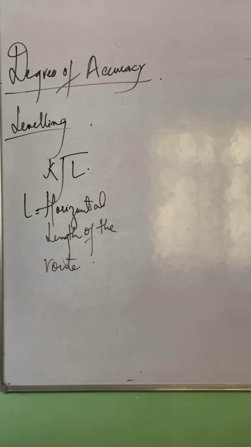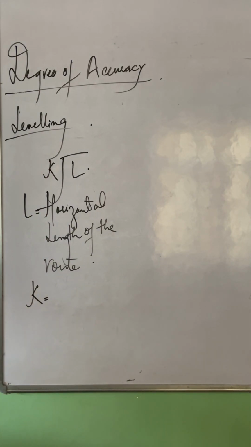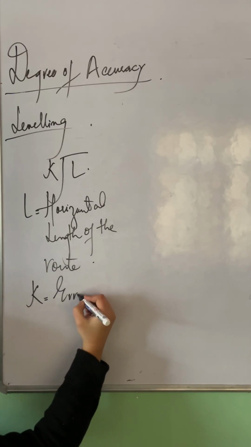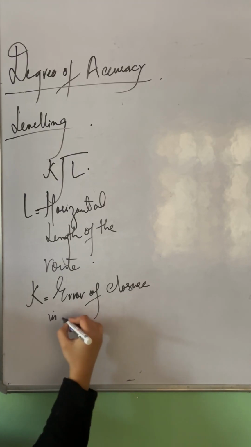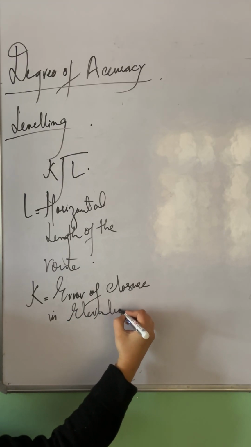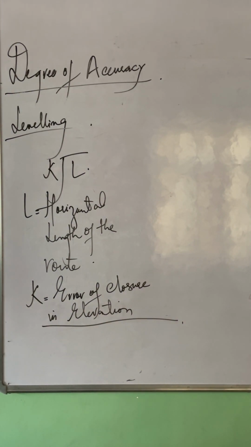And K is the ratio between error of closure in elevation divided by the square root of the horizontal length of the route.